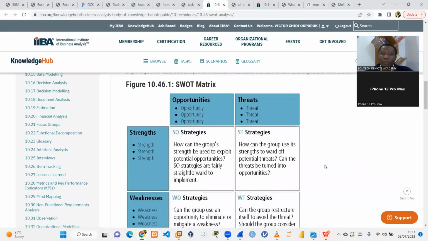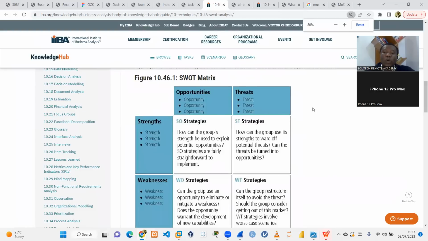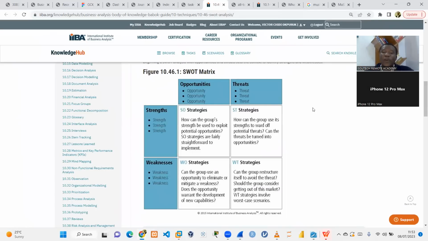This is a sample of what we call the SWOT matrix. So every business analyst should be able to do what? SWOT analysis for any kind of business. It just means you can do what? You can research. It means you can look at essays, you can look at documentation, you can look at videos, you can look at reports.